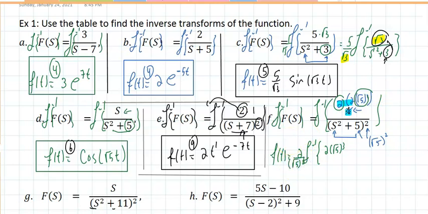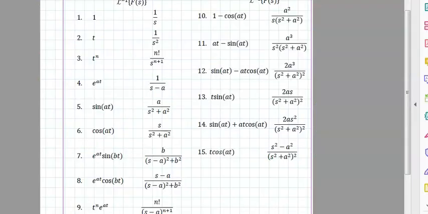There we go. Much better. And that is s squared plus 5 squared. And that would be 2 over radical 5 cubed. And what is that mess? This is number, was it 13 or 14?